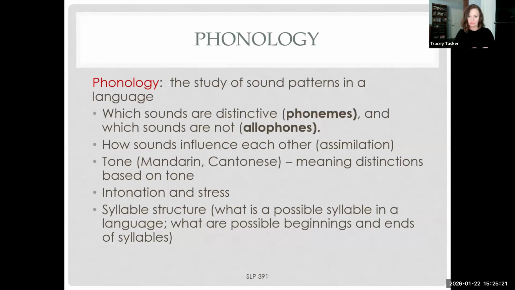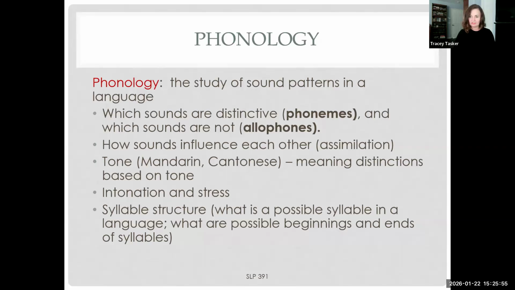So in tonal languages, such as Mandarin, differences in sounds are made based on tone. In English, it's a little bit different. We're not a tonal language, right? So, for example, I can say an R in my Jersey accent when I say daughter, and you'll still recognize that R. It may sound distorted if you're from California, but it is still an R.